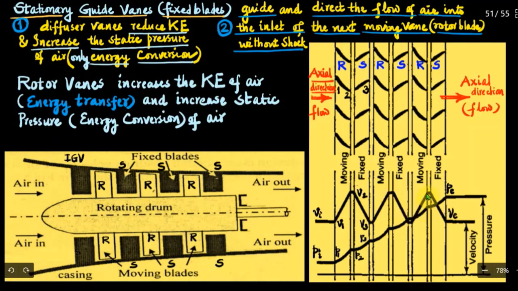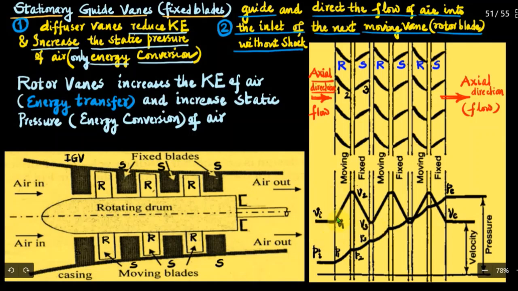And again it increases in the rotor blade, but decreases in the stator. So it increases in the rotor and decreases in the stator. That is how the absolute velocity of air changes throughout. Remember, the increase in absolute velocity of air in the rotor is due to the energy addition, and the decrease in absolute velocity of air in the fixed vane or stator vane is due to the energy conversion, that is by diffusion. So please understand this.